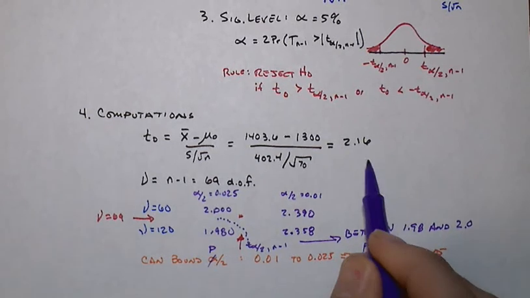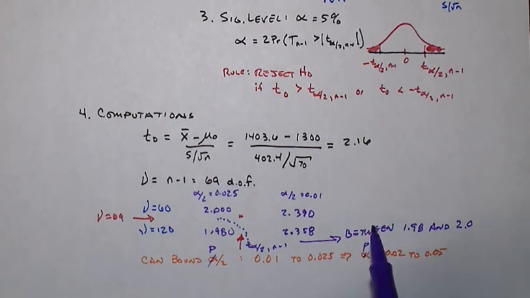And we have a t0 value of 2.16. Right, so two different ways to sort of look at this.